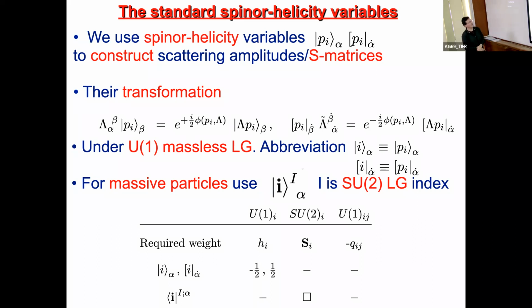Okay, so just a quick reminder for those of you who, like me, took field theory before: these spinor-helicity variables were very commonly used. What people usually do is introduce these so-called spinor-helicity variables as the basic building blocks for the S matrix elements or the scattering amplitudes.